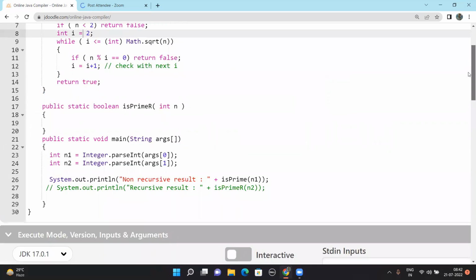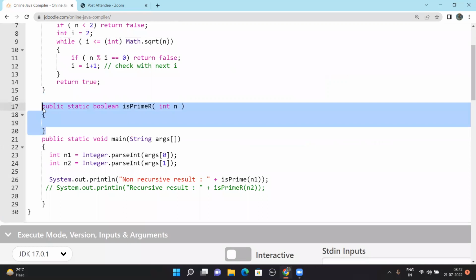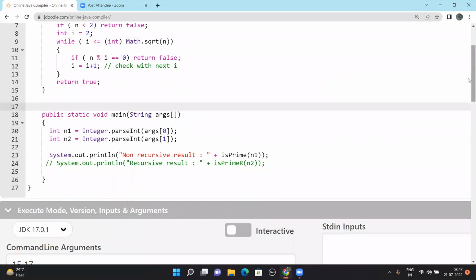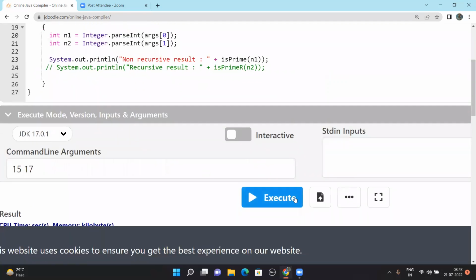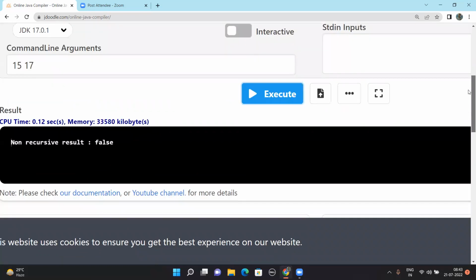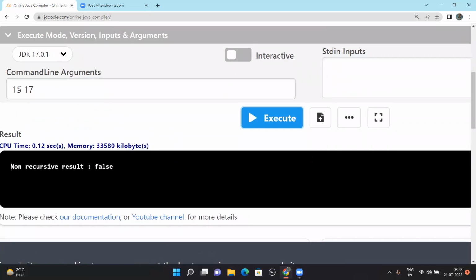Missing return statement. Let us remove it. False. Let me make it 11. Then it is true.